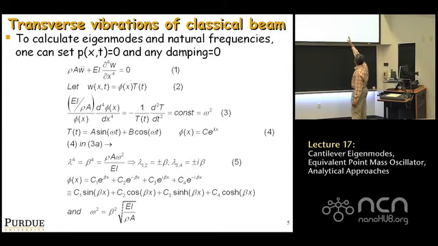And lambda 3, 4 is plus minus i beta, which means that the general solution phi of x must include c1 e to the beta x, e to the minus beta x, e to the i beta x, e to the minus i beta x. Okay, because there are 4 possible values of lambda, so the most general solution for phi must be a superposition of e to the lambda 1, lambda 2, lambda 3, lambda 4.